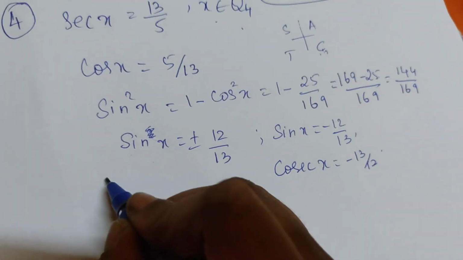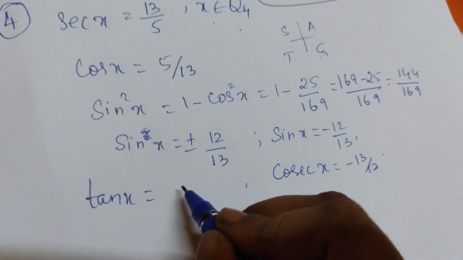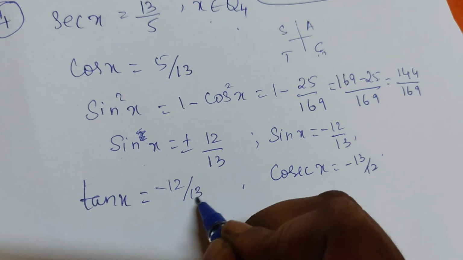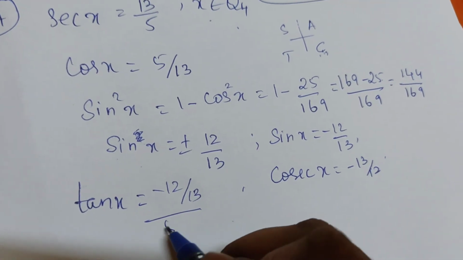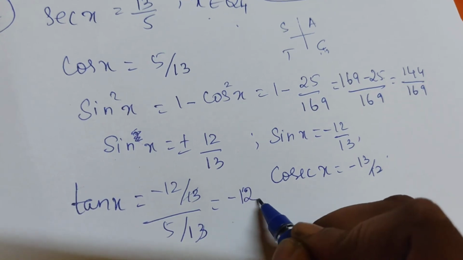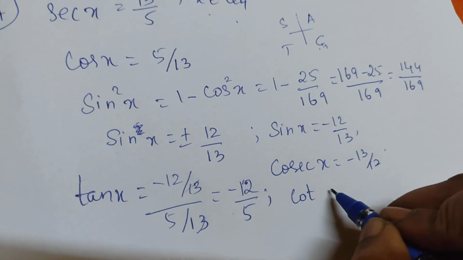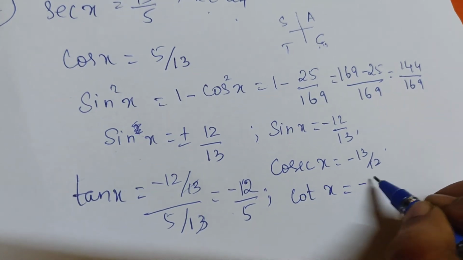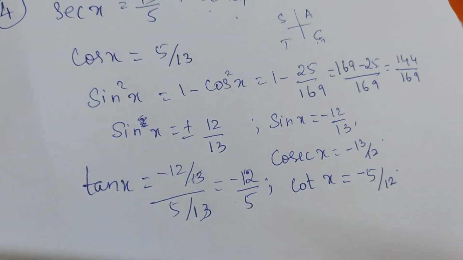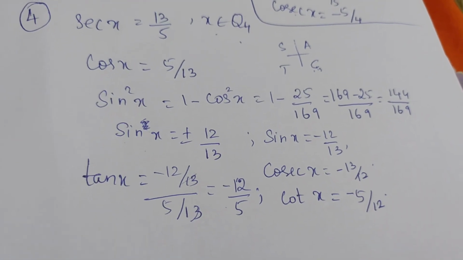Now tan x will be sin x by cos x. Sin x is minus 12 by 13, cos x is 5 by 13. So 13 gets cancelled, and we will have minus 12 by 5. And the inverse of tan x will give us cot x, that is minus 5 by 12. Hence we got all the remaining ratios.